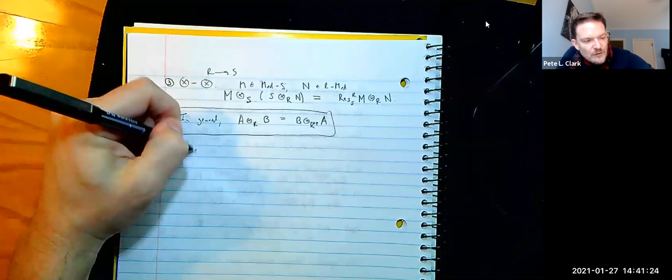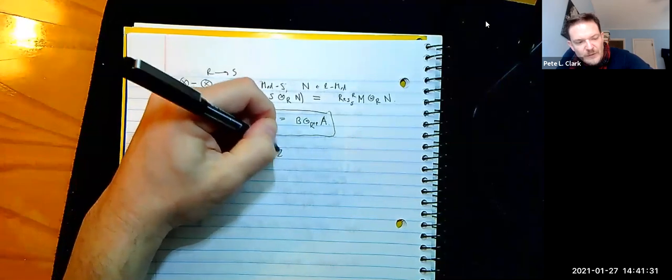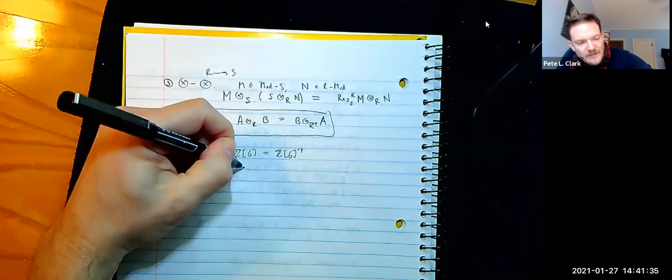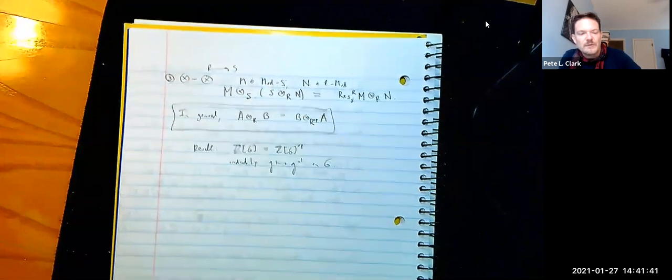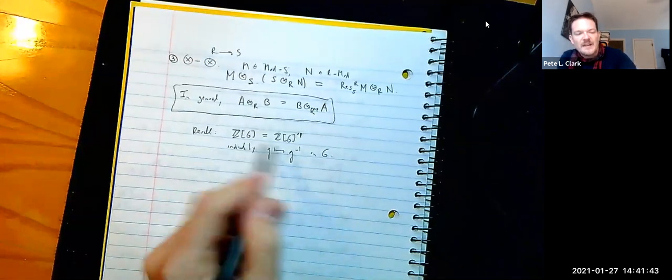But again, recall that ZG is canonically isomorphic to its opposite ring. The isomorphism is induced by g goes to g inverse on G. Every group is isomorphic to its opposite group, and that induces a canonical isomorphism from the group ring to its opposite.